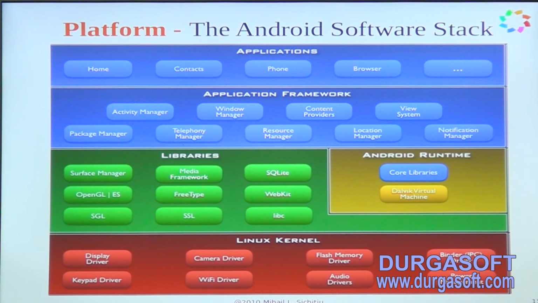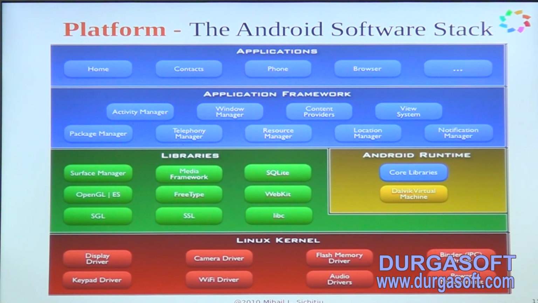So the Linux kernel works at the driver level, and libraries work at the core components level, and Android runtime is something we will speak about in more detail in further classes. And the application framework, where you see your call managers, contacts, resource managers, we can again get into in detail in further classes. And the application level is where we generally run our user apps.